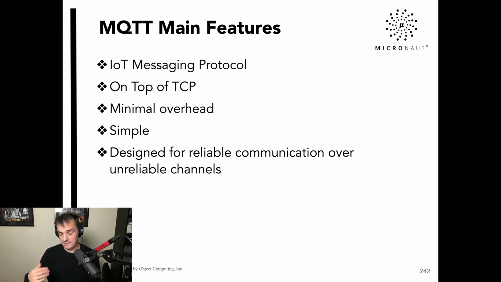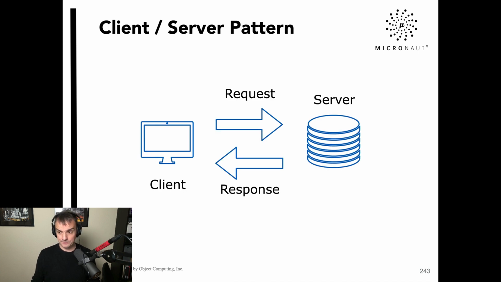One important characteristic is that the idea is to have a way of having reliable communication over channels that we know are going to be unreliable. So it deals well with unreliable channels, and that's probably one of the reasons why it has become such a de facto standard for IoT.